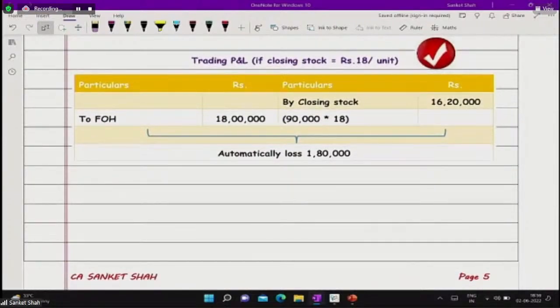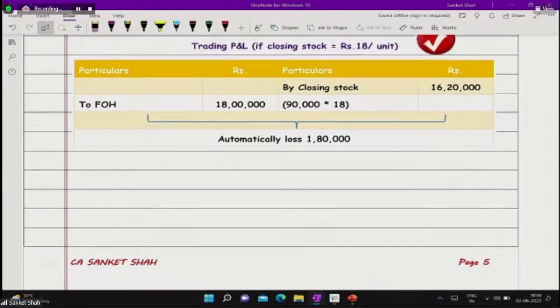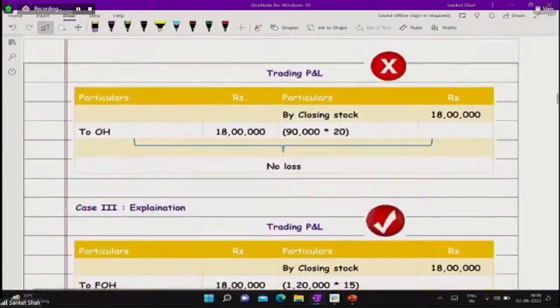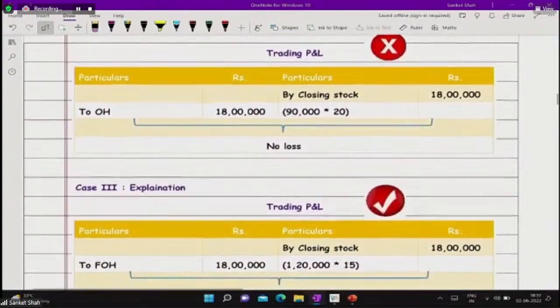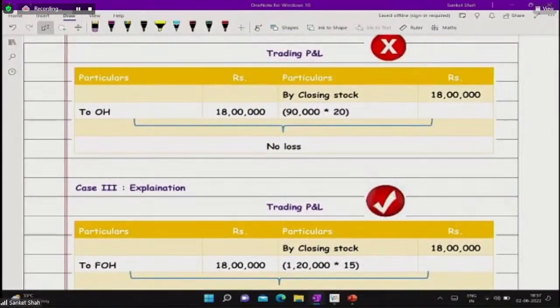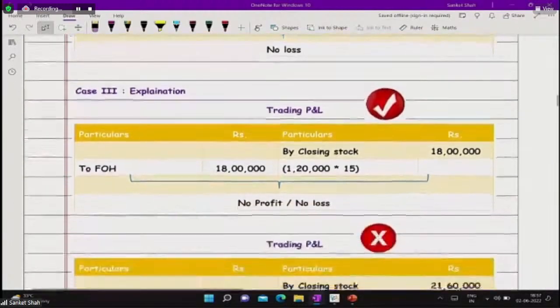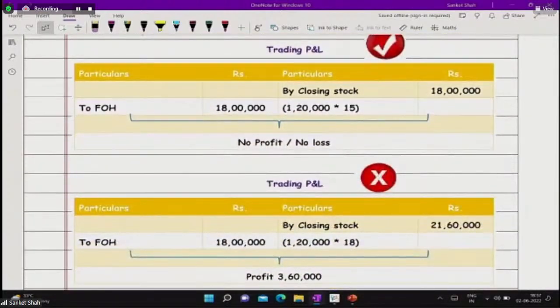If you multiply by 18, it's correct. And what is wrong? If you multiply by rupees 20, it's wrong. No loss. So this is not correct. And in case 3 explanation, if you multiply by 15, it's correct.